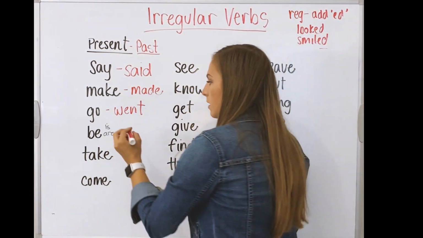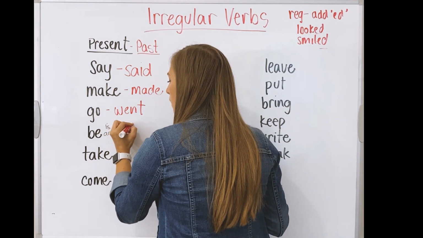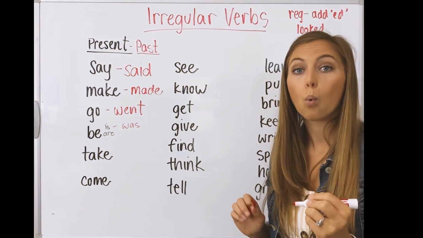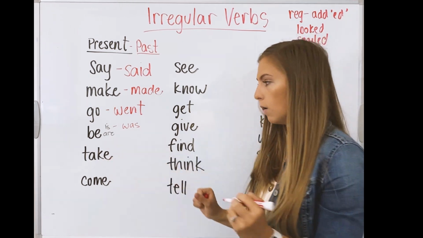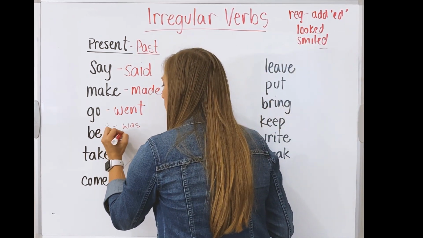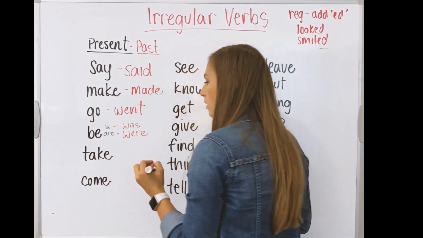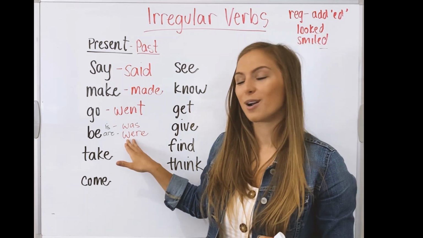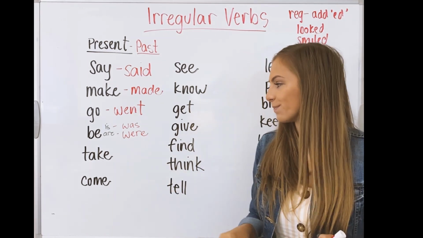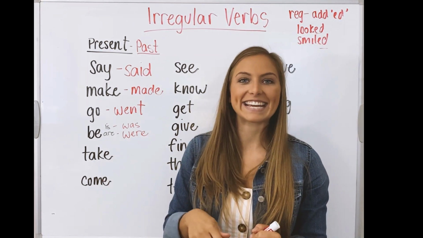So is becomes was. Is, was. For plural, are becomes were. It's kind of a weird word. Was and were.